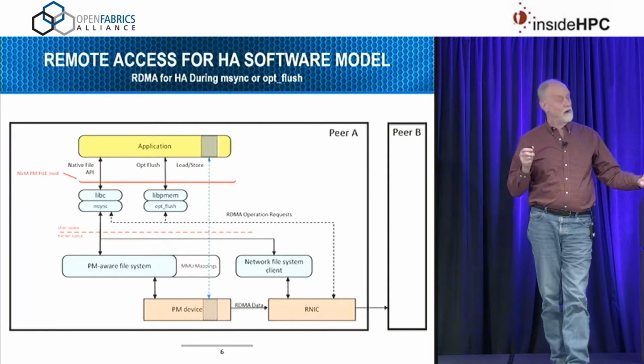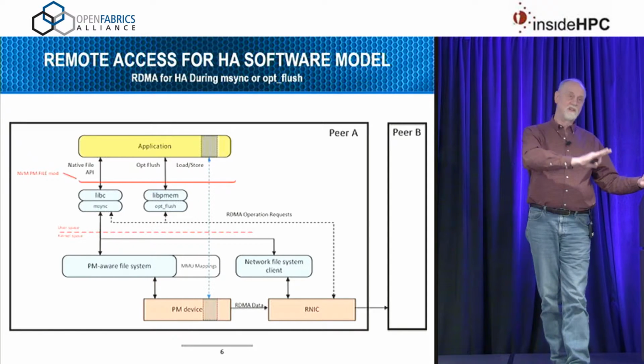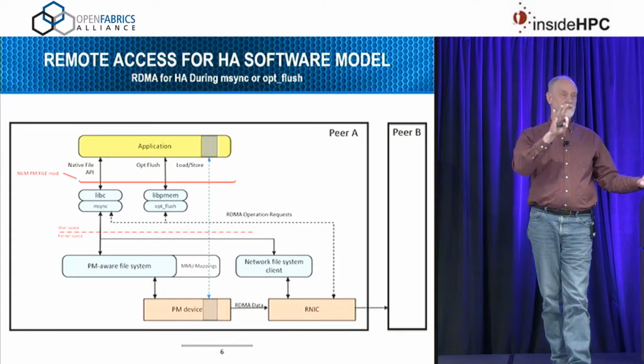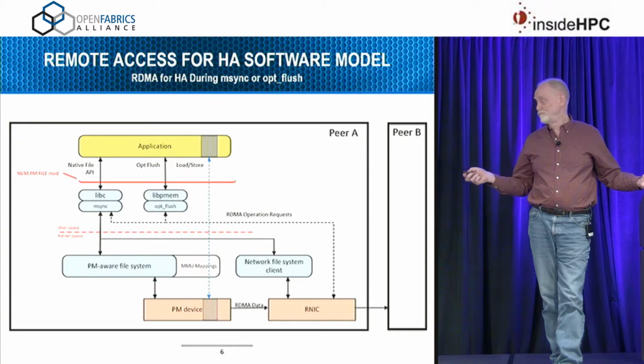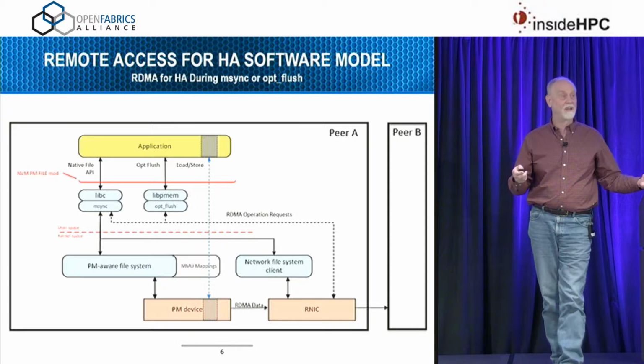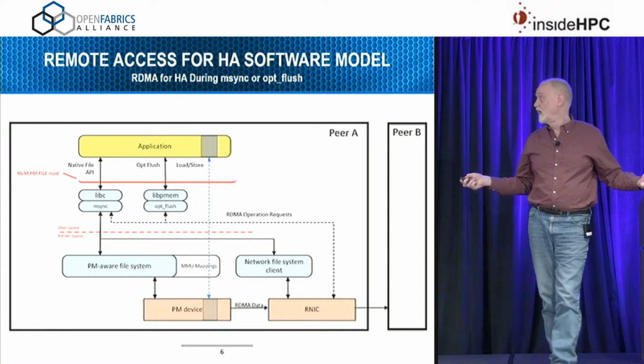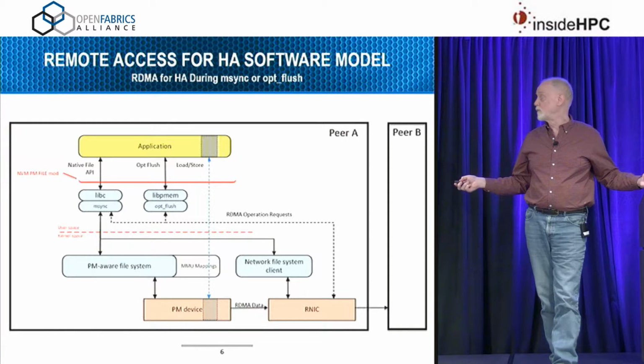So where the SNIA NVM programming TWIG is going, we've already established, if you will, the local interface with local applications, local persistent memory arrays, and a local API to allow the application to manage it. Where we're going in the next revision, the next cycle of development within the TWIG, is to extend this to remote.